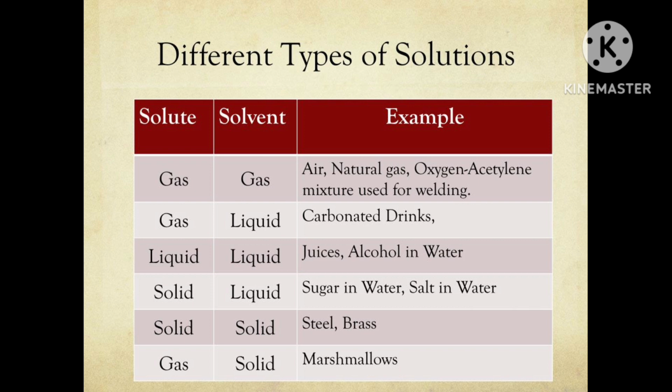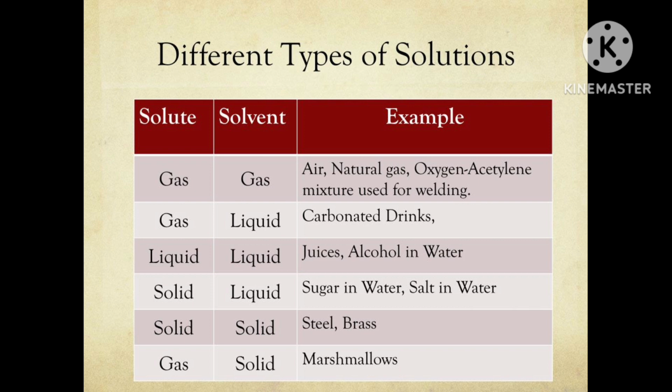Gaseous solution. To which will you say gaseous solution? Gaseous solution means the solvent will be gas, and the other solid or liquid will be in a lesser quantity. Generally, a gaseous solution means the solvent is gas, in more quantity, and the other components are in less quantity.